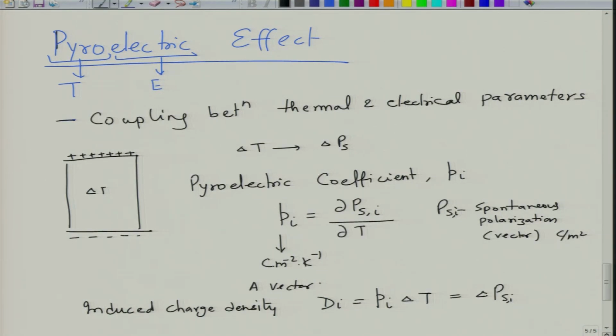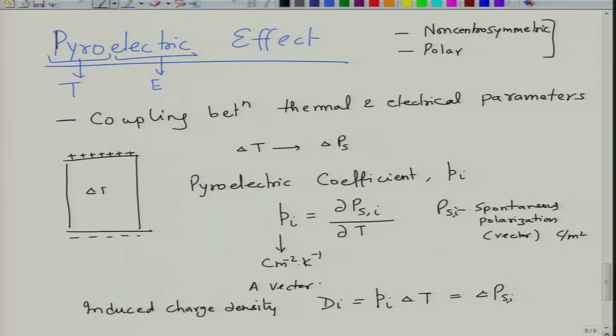So, these materials, as we said, are non-centrosymmetric, necessarily non-centrosymmetric and necessarily polar. Okay. So, basically all the ferroelectric materials are pyroelectric materials, and most of the commercially available pyroelectric materials are nothing but ferroelectrics in themselves.